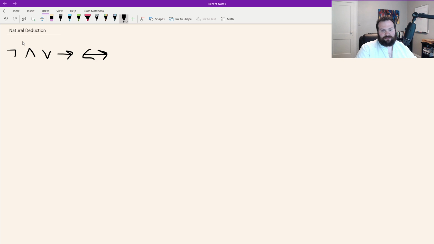An introduction rule, right, so intro, is going to end up adding one of these symbols, right? Whatever we do using that rule, we're adding one of those symbols. Whereas an elimination rule, or elim for short, is going to take one of these symbols away. This will make more sense as we get into things.